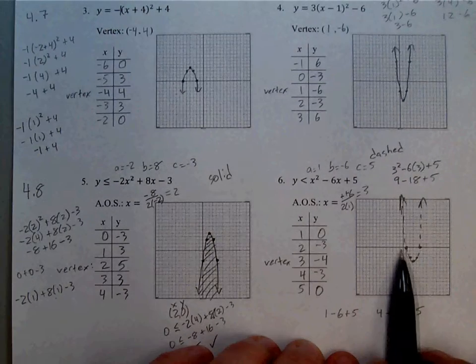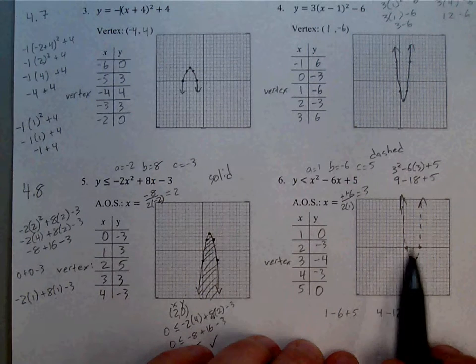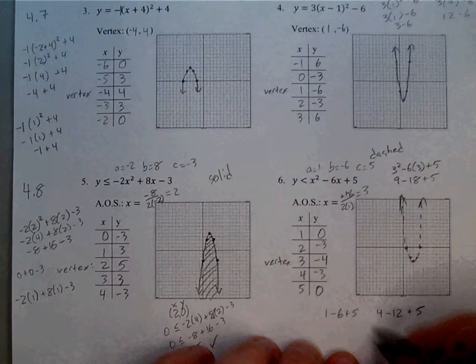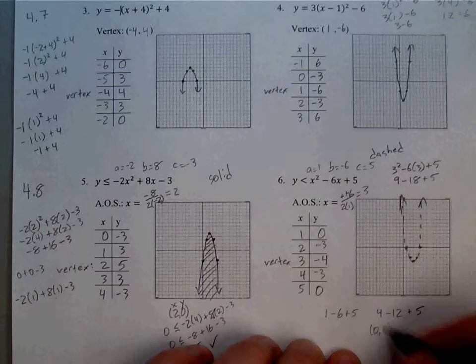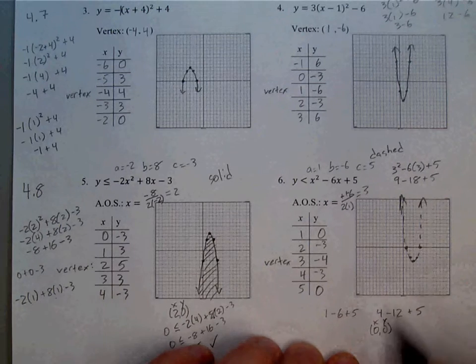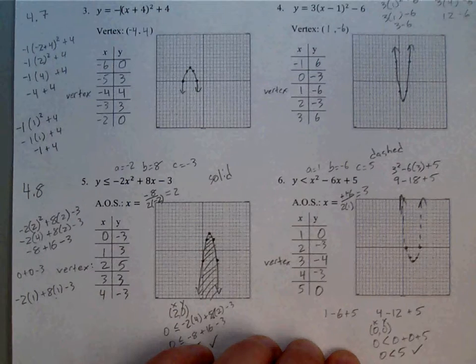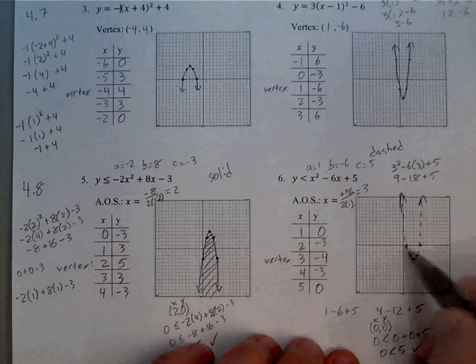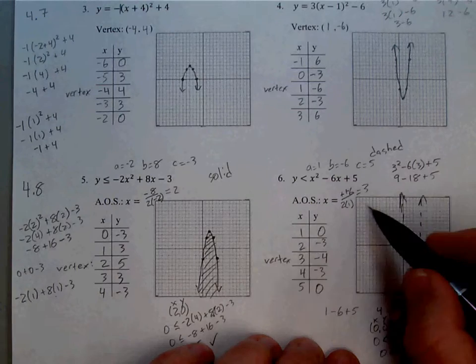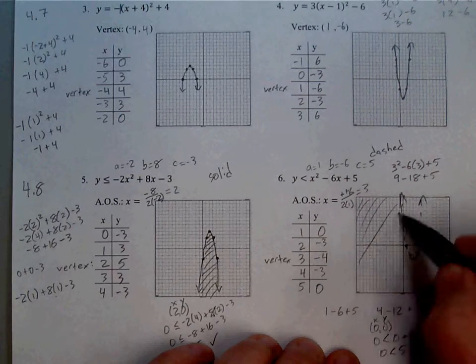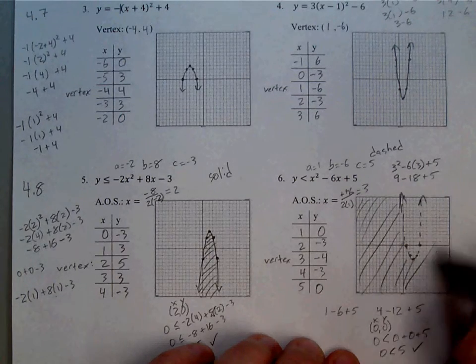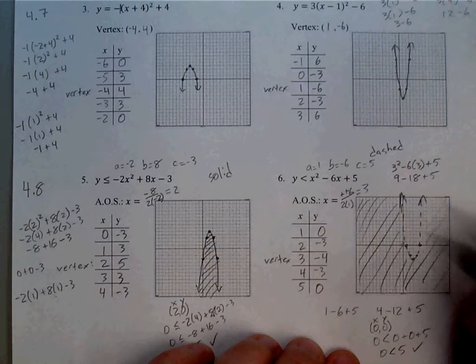Here it would be okay to pick 0, 0, because I was at 1, 0, so 0, 0 is definitely outside. You know that for sure. So I get 0 is less than 0 plus 0 plus 5. So 0 is less than 5, that's a true statement. 0, 0 is outside of the parabola, and it is a solution, so I should be shading everything outside of the parabola.